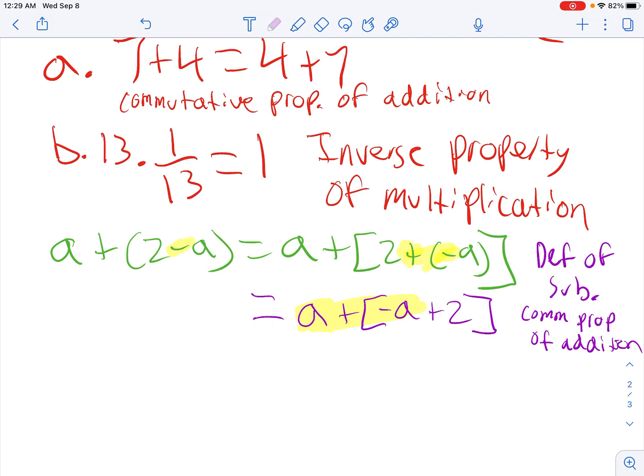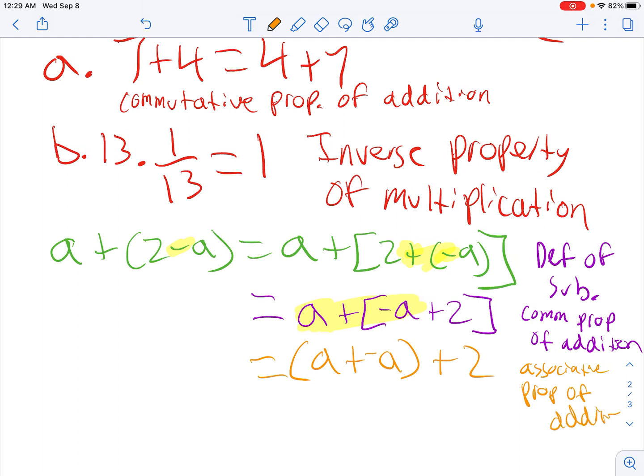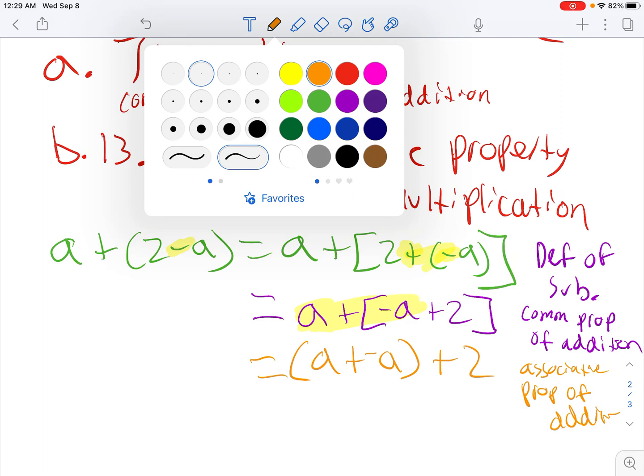Okay, and that's where when we use the associative property, again, that's the one that tells us we can change up the grouping: (A + (-A)) and then + 2 on the outside. I'm going to say associative property of addition.